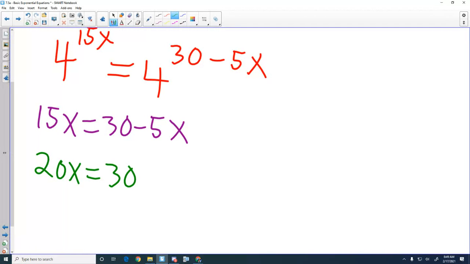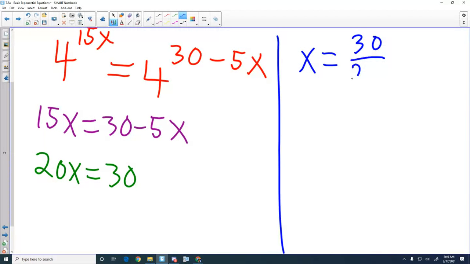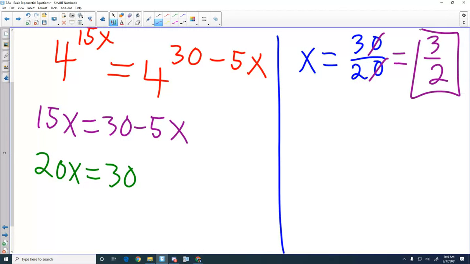Then our last step would be divide by 20. So x equals 30 over 20, and I can simplify that fraction just by dividing both of those by 10. So ignore those zeros, and x equals 3/2.